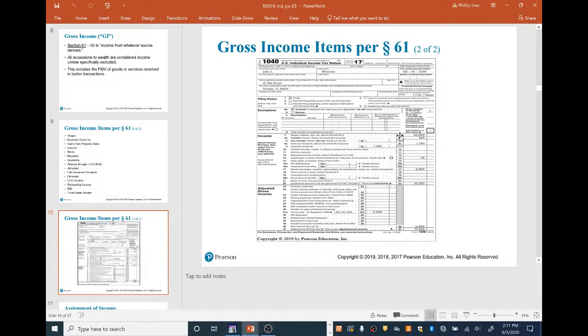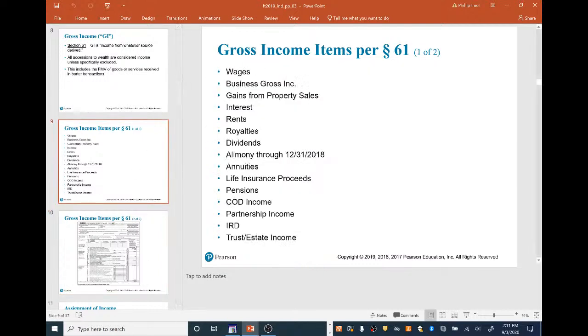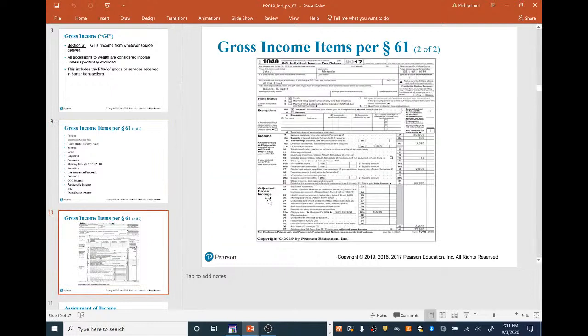Pretty much, if you just take some time and look at this, what this is showing is where the line items we just talked about are. Like you can see here, qualified dividends, that's this line. This is wages, salaries, tips, interest on 8A. 50 here, that's capital gain.